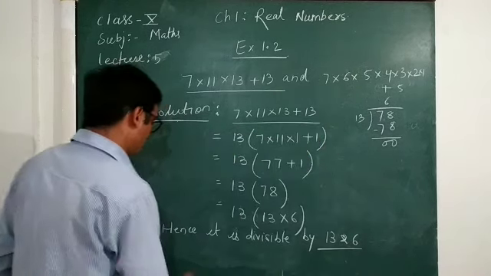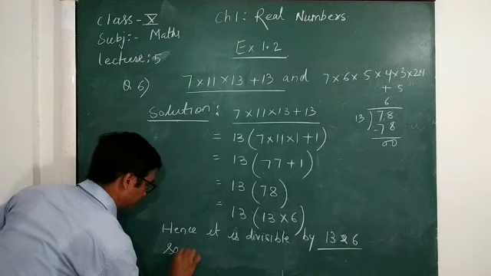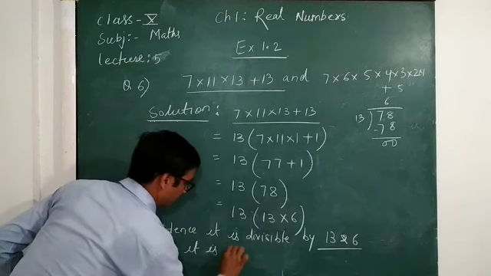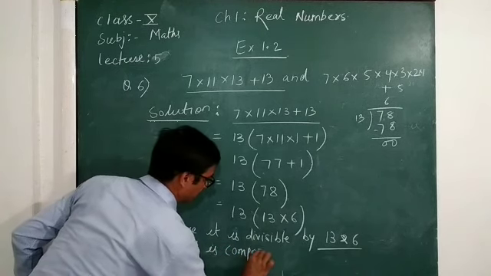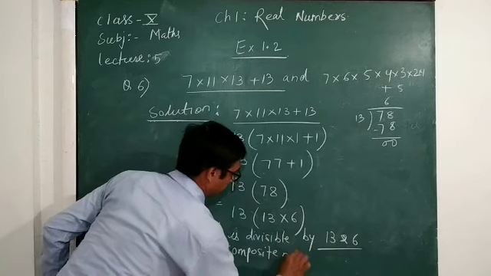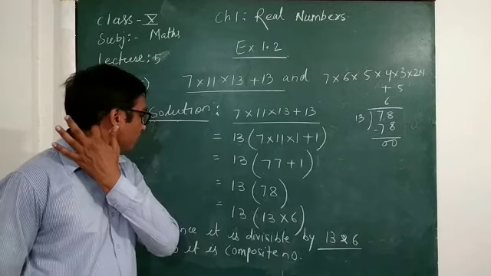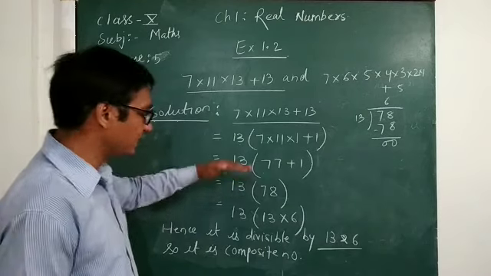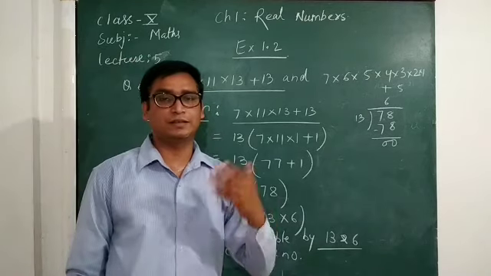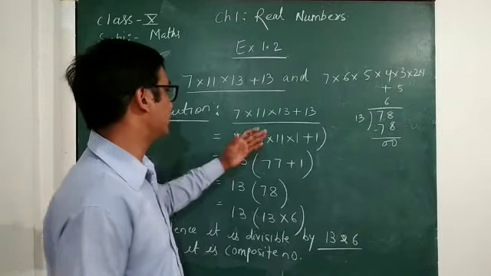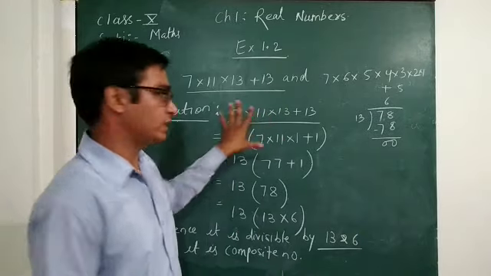So it is a composite number. In a similar way, it is divisible by both 13 and 6, which means it has more factors other than 1 and itself. So this is a composite number.